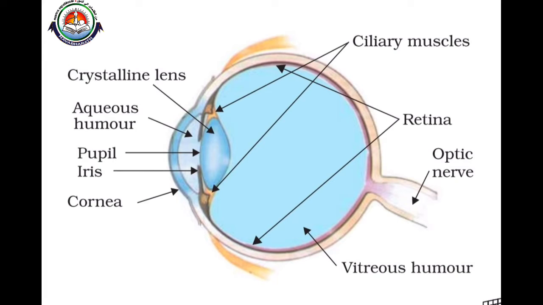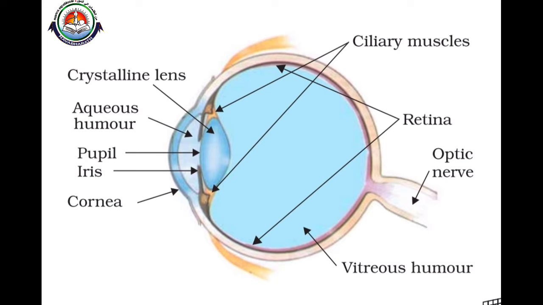The main parts of a human eye are the cornea, iris, pupil, ciliary muscles, crystalline lens, retina, optic nerves, etc. These are the main parts of the human eye.